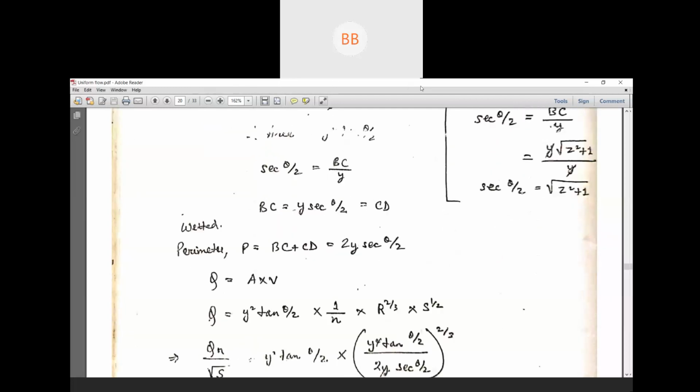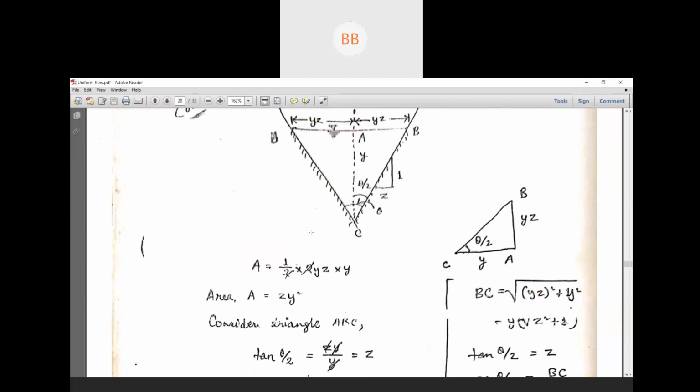Then we go for weighted perimeter. Weighted perimeter is nothing but both the sides of the triangle, BC and CD. D is nothing but this point.